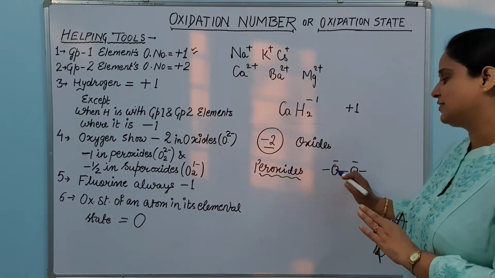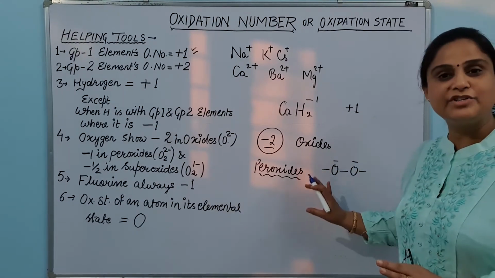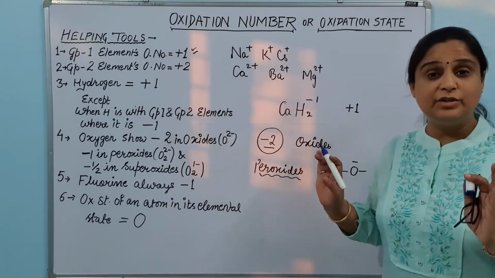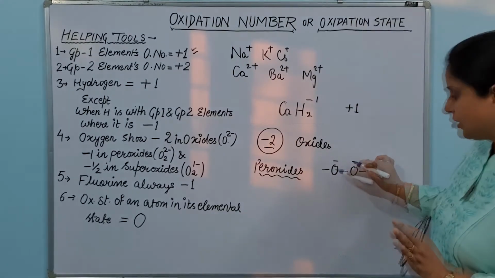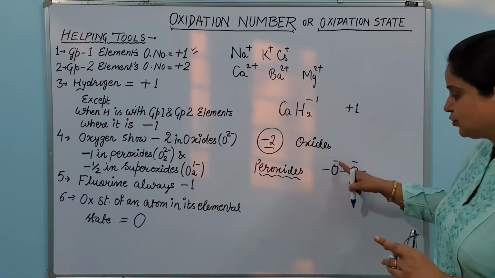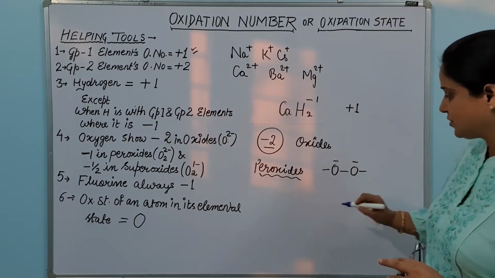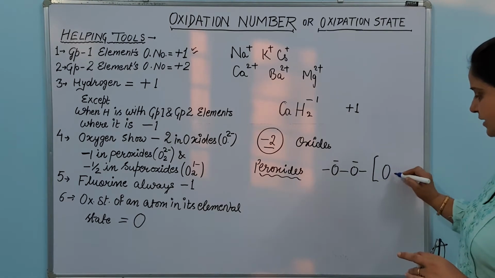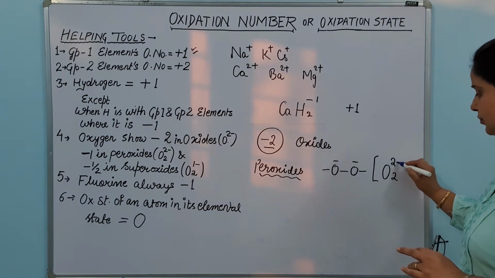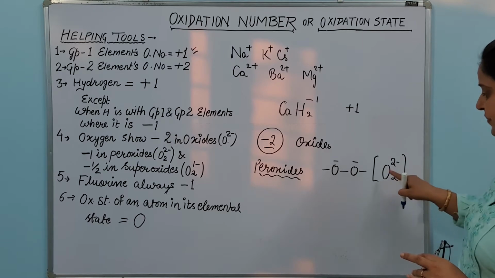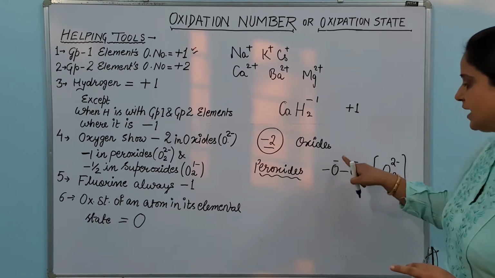In peroxide you will see that oxygen is showing a chashma bond, and you just remember that on two oxygens there are two minus charges, fine. So this is also written like O2 2-. I can write it like this now, O2, look at this, and 2 minus.